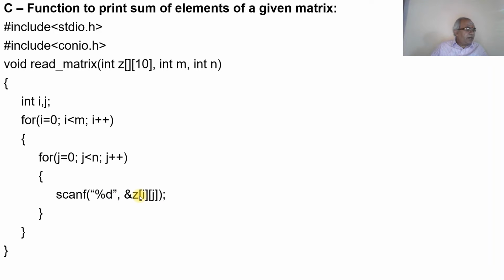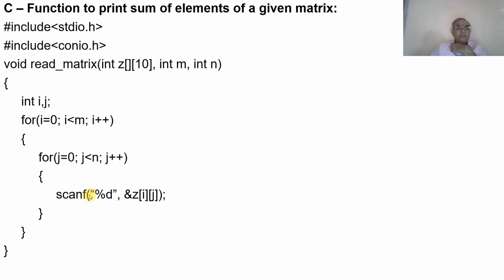So if you are entering the size of the matrix as 2 comma 3, that is 2 rows and 3 columns, then initially m is 2 and n is 3. So i is equal to 0, is 0 less than 2? Yes, then it enters the loop. j is equal to 0 is less than 3, then i value is 0, j value is 0, so it reads that value of 0,0, that is the first element. Then again it increments by 1, 0 plus 1 is 1, is 1 less than 3?